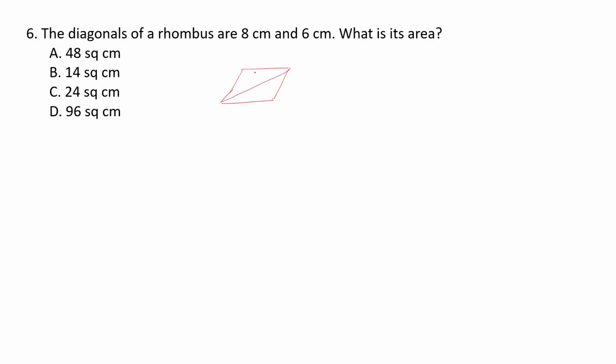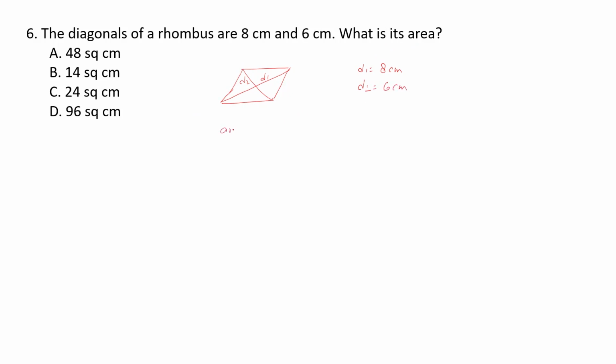But diagonals are of different size. Area of a rhombus depends on the diagonals. So this one is D1, this diagonal is D2. So you have to compute area. D1 is given to be 8 centimeter. D2 is given to be 6 centimeter.